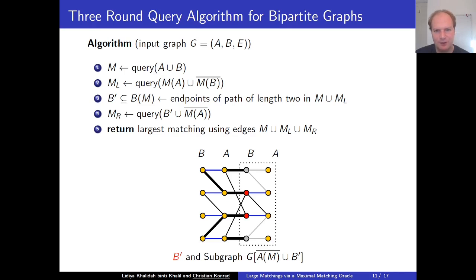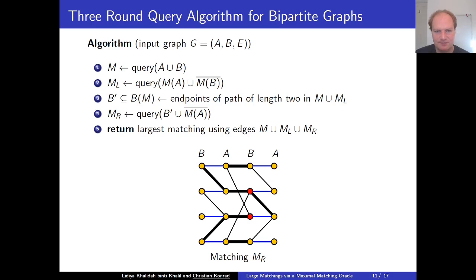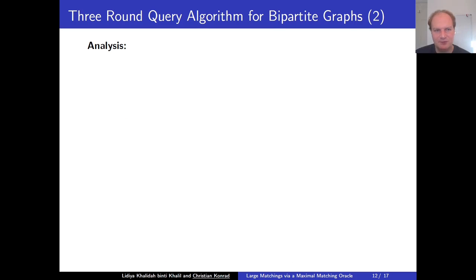So we run a query on the right side in this induced subgraph, between B prime and the unmatched A vertices in the matching M. And we might find this specific edge. So using 3 queries, or 3 maximal matchings here, we actually found one 3-augmenting path. We can augment this specific edge in the middle and increase the size of our matching from 4 to 5. And it can be seen that if we do a formal analysis, this indeed produces a 3/5 approximation.